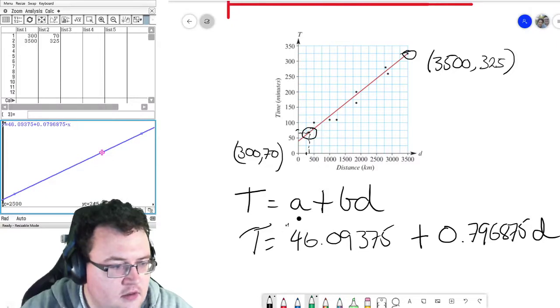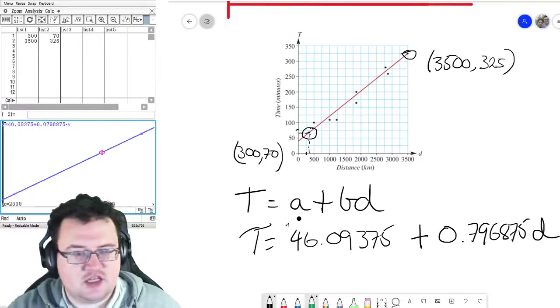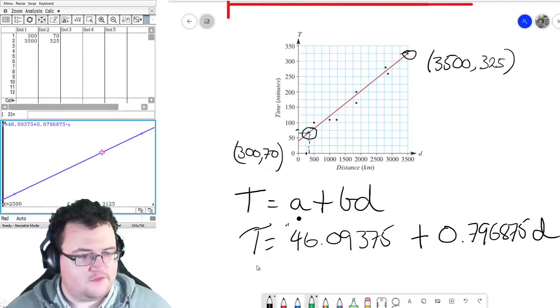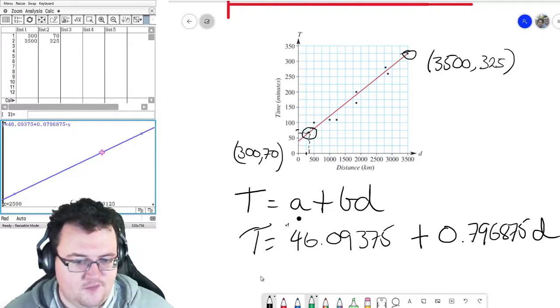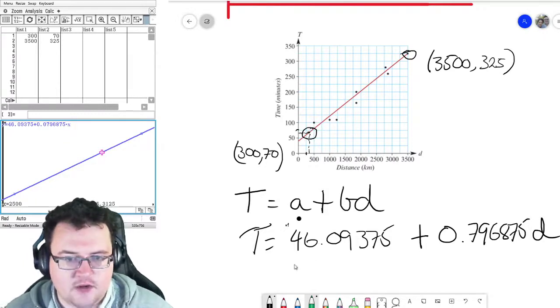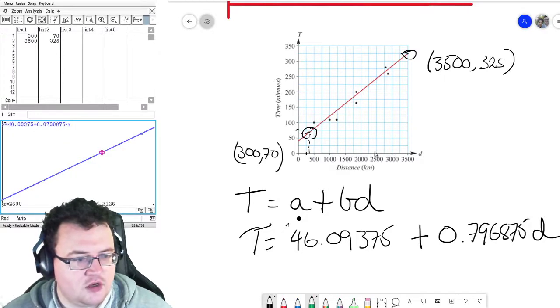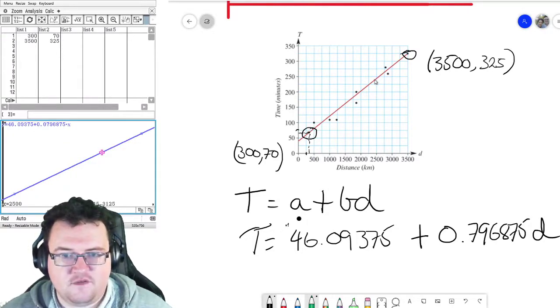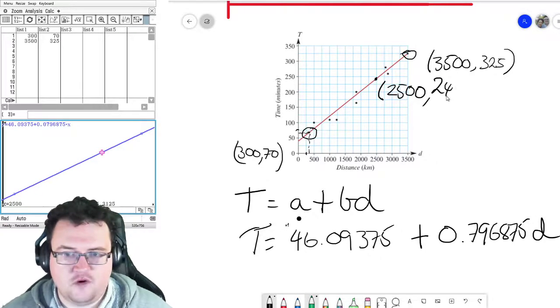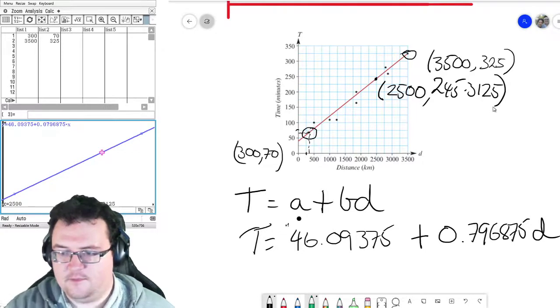Hit OK. And there's our point there, 2,500, 245.3125. So according to our line, 2,500 should be about 245, which makes sense. That's what it looks like on our graph here.